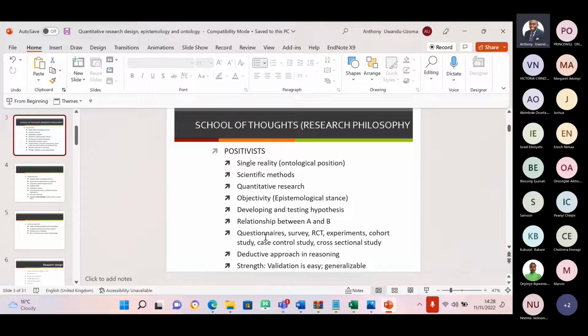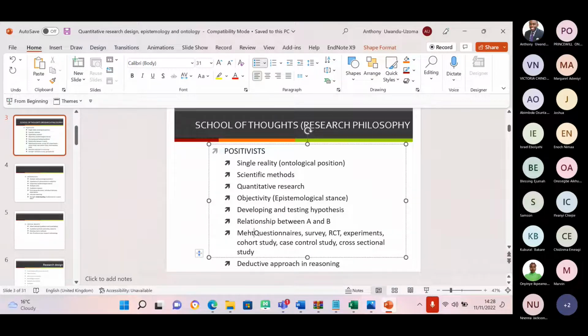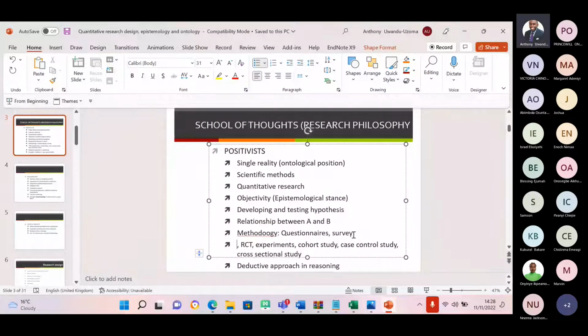So for the positivist, my data is collected using questionnaire surveys. That means methods of data collection. How will I collect my data? That's what methodology is all about.